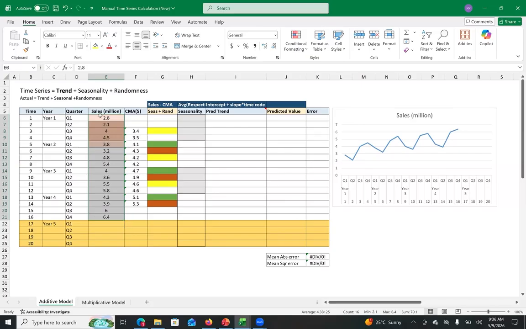So I will split this data into the trend component and the seasonality component. How are we going to do it? We are first going to take out the trend component by using CMA. CMA is nothing but centered moving average.